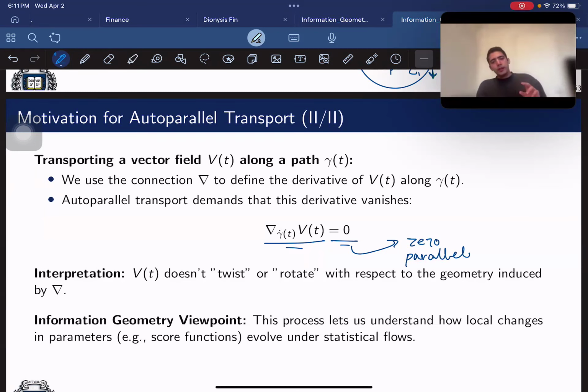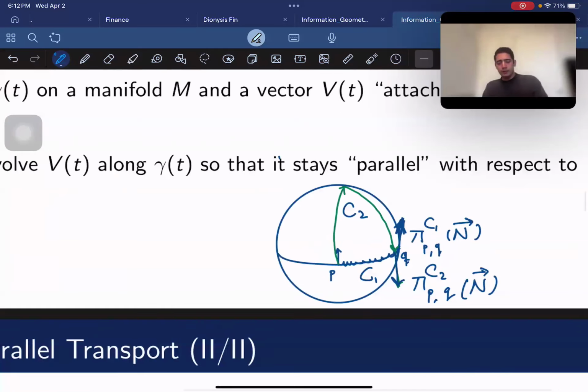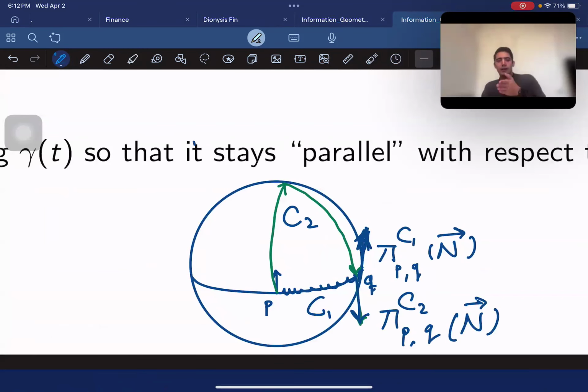So what does this mean? This vector field we get does not twist or rotate. It just goes as the direction of the curve. In the example here, if we took the C1 curve, as you can see, although the curve is going in the right direction, at each point the vectors we're getting are parallel to each other.